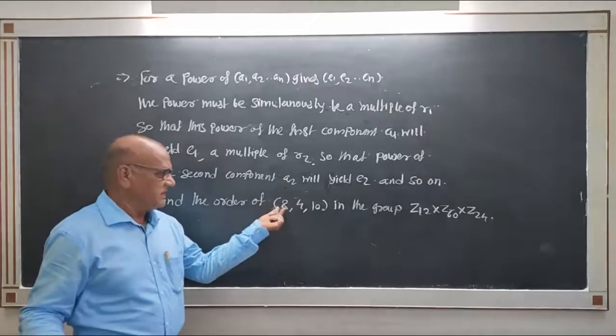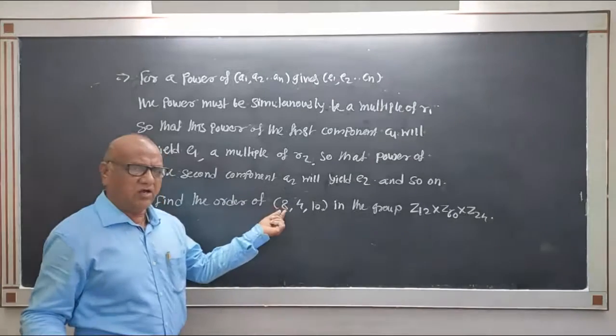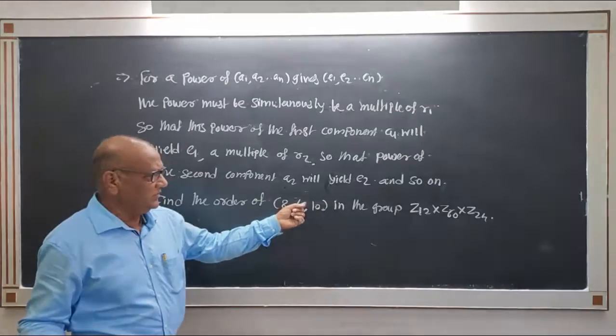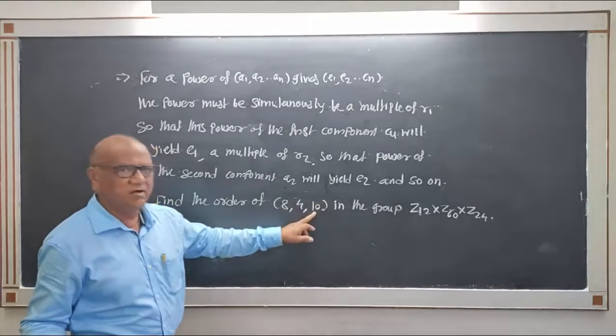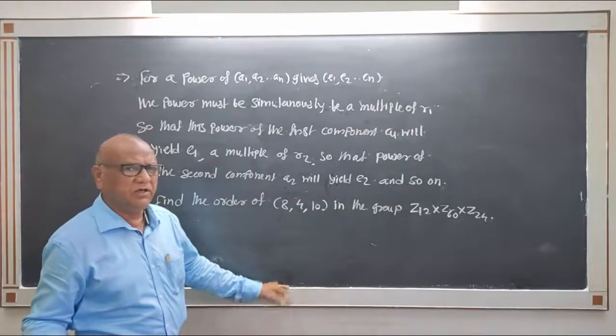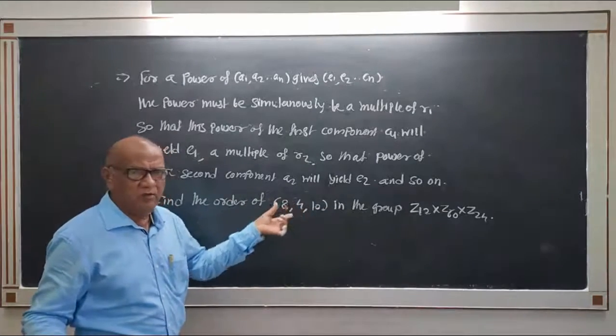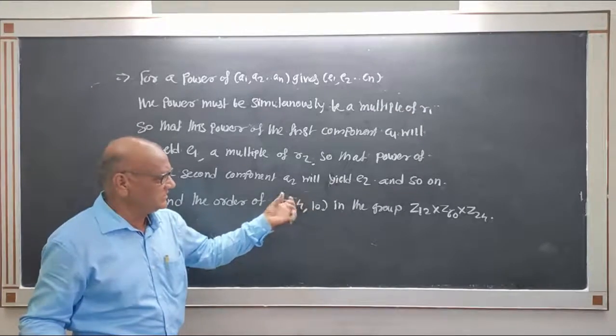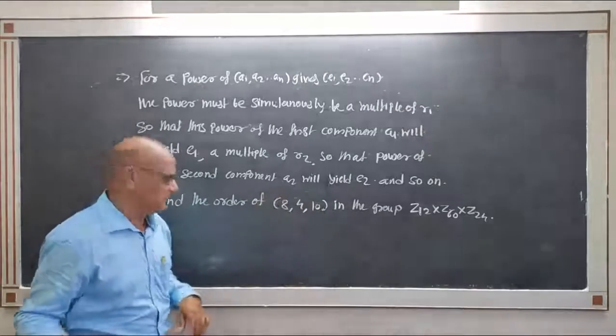First, find the order of 8 in Z12, order of 4 in Z16, order of 10 in Z24, and the LCM of these orders is equal to the order of this element.